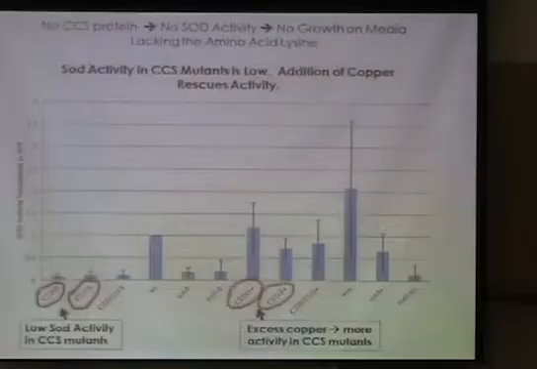Here's just another representation of what I just explained. We can see that when there's mutations made to the CCS, that there's very low SOD1 activity. Over here, we can see that the insertion of copper greatly increases the SOD1 activity in the cells.